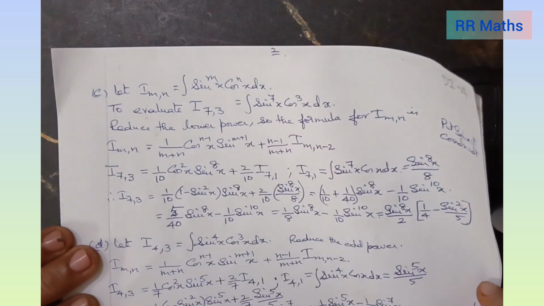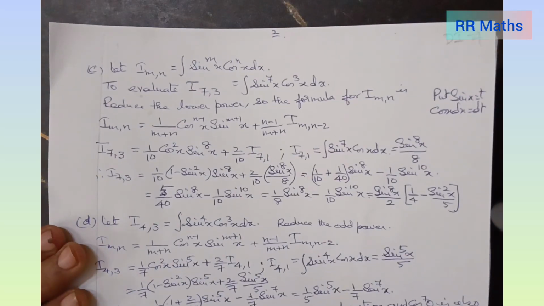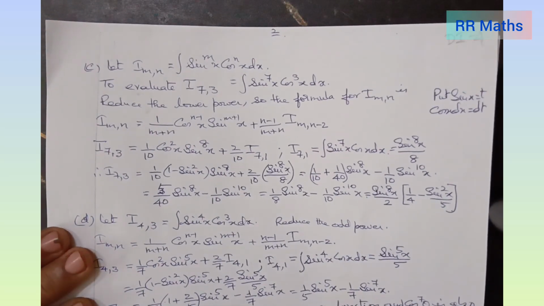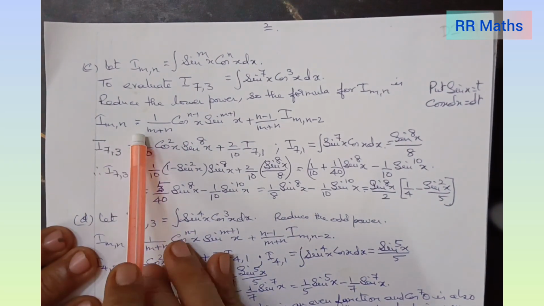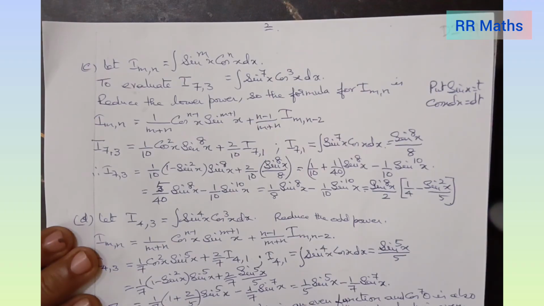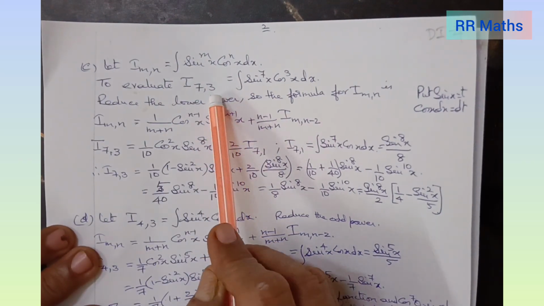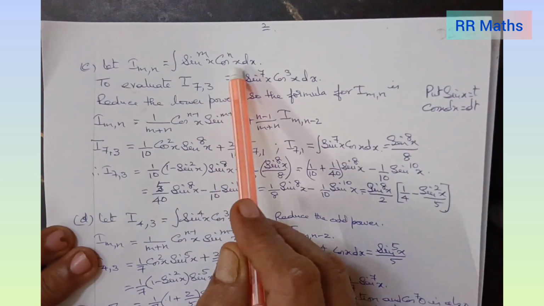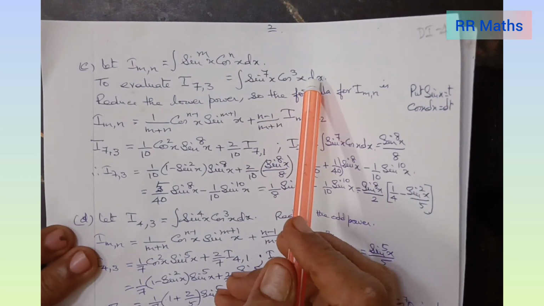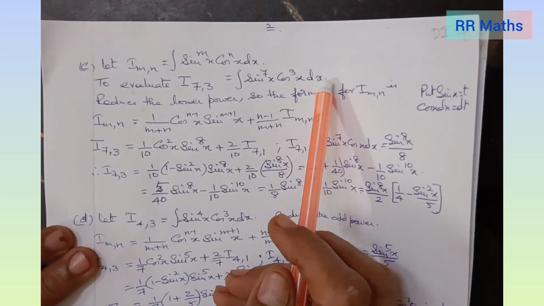M and n are positive integers. We had two formulas, one reduction using cos, the other reduction using sin. Now we will take the lower one here. 7 and 3 both are odd, so the lower one is 3, that comes from cos, so I'm going to use the formula where cos is being reduced.